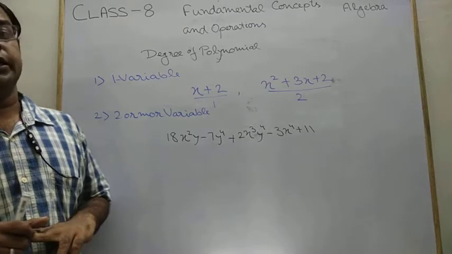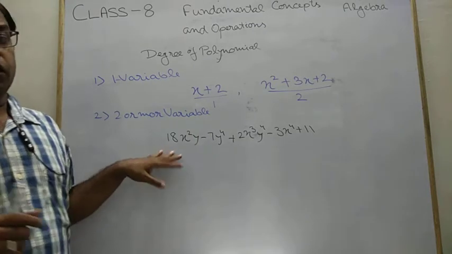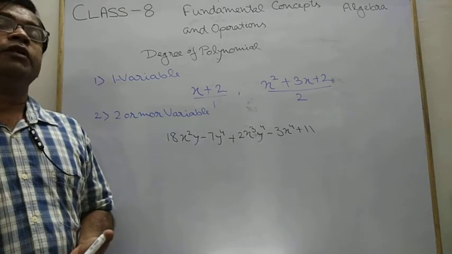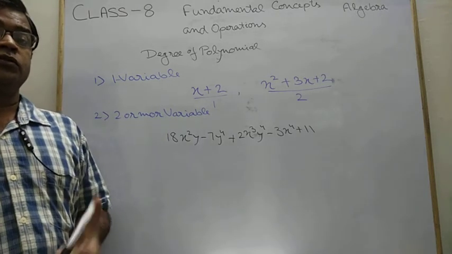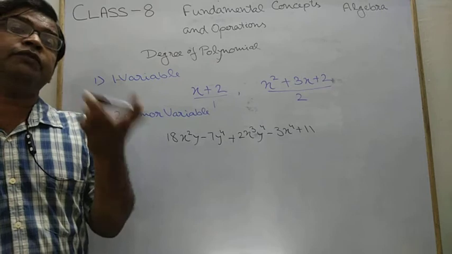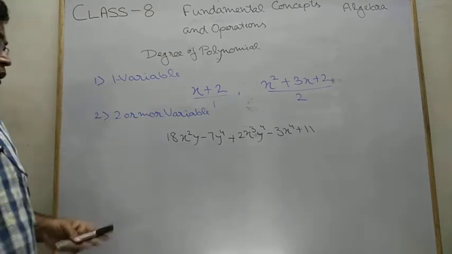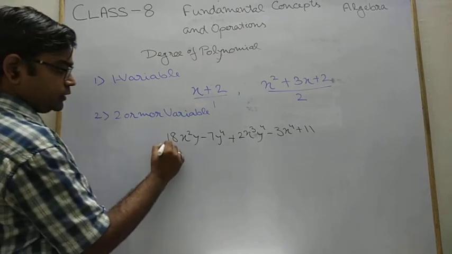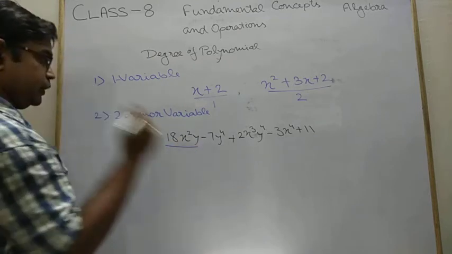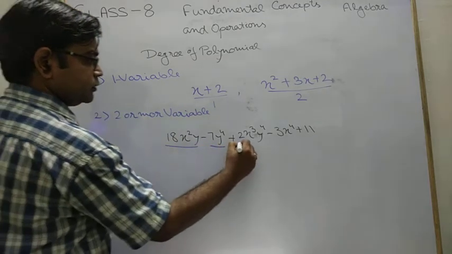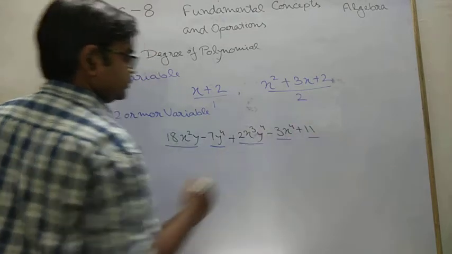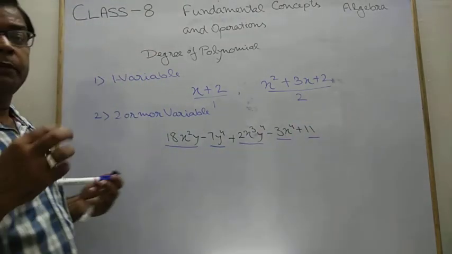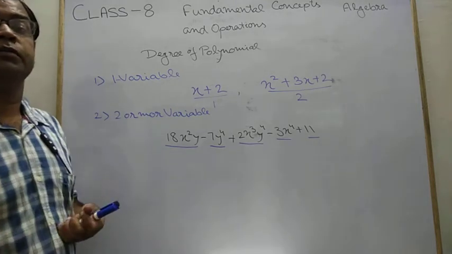So how do we find the degree in this case? Always remember, if variables are two or more, we must sum the powers in the individual terms. Here we have five terms: this is the first, this the second, third, fourth and fifth. From this we check the total power of the variables.